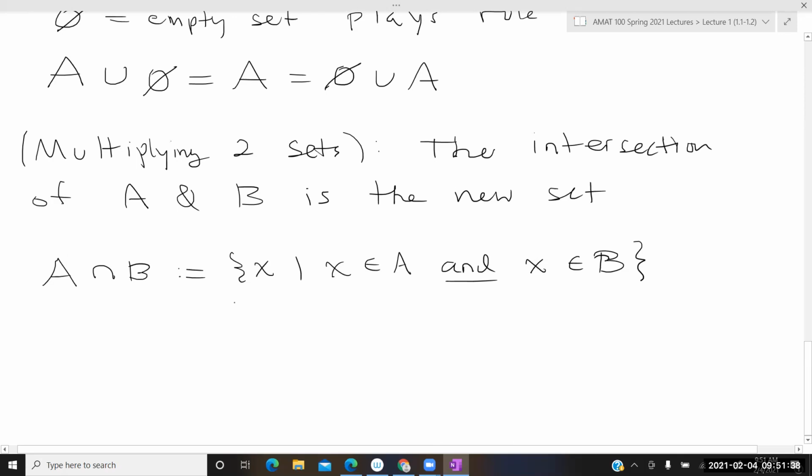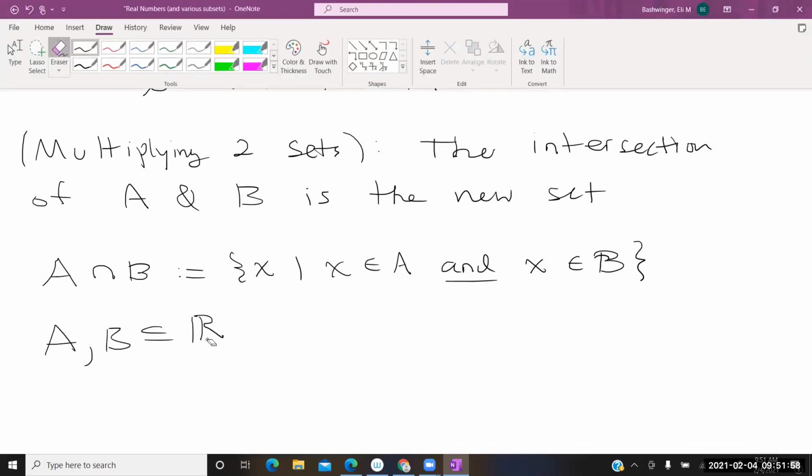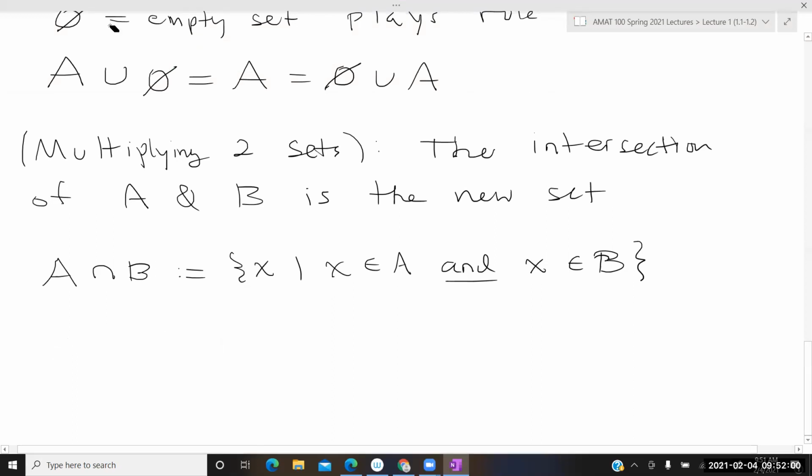A and B can be really any sets, but for now let's just imagine we're taking everything to be a subset. So here's another symbol notation I didn't introduce.